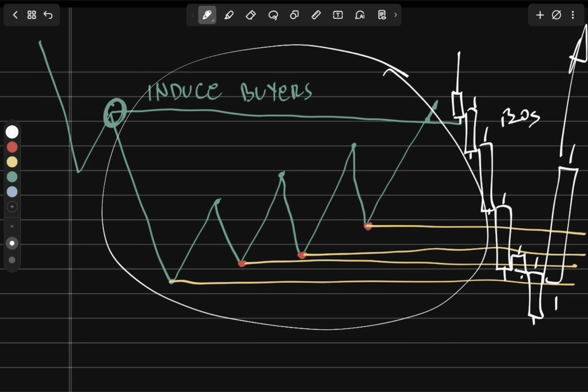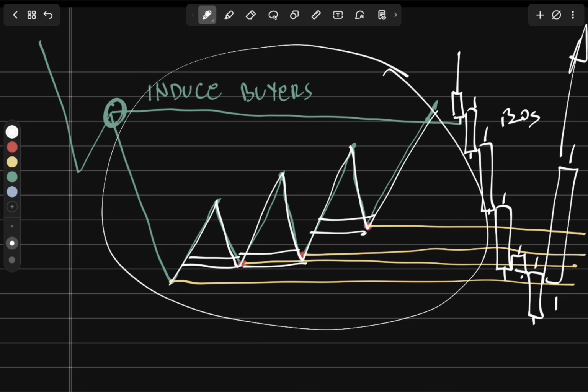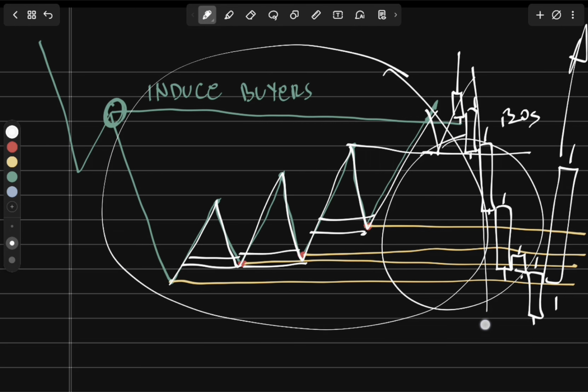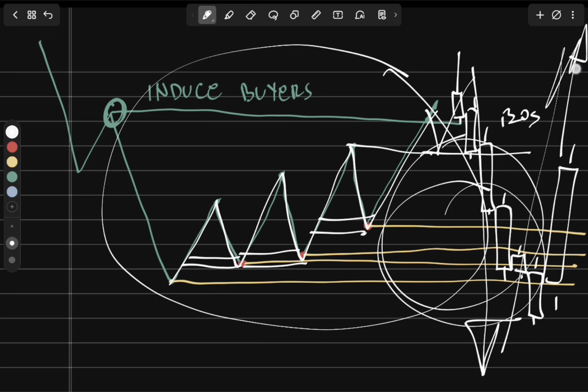So 90% of the time, whenever you see that market is perfectly respecting highs and lows, like perfectly, you know, it came here, reacted off of this supply, reacted off of this supply, demand, reacted off of this demand, or break and retest or whatever, this is leaving so much liquidity down there that it can just shoot back down, take all this, and then it can go up and actually make the right move.